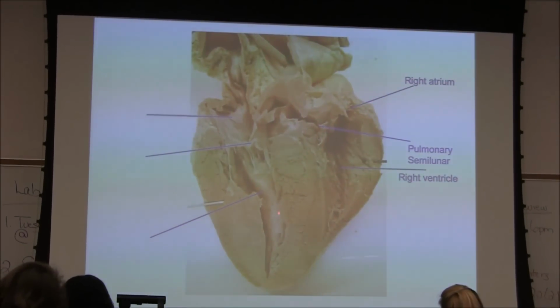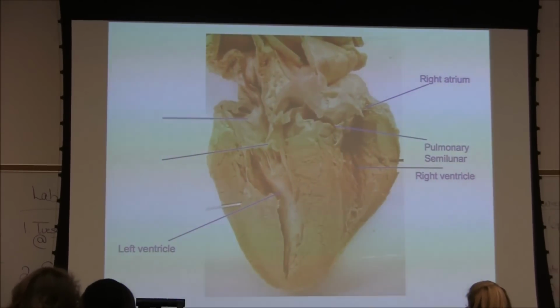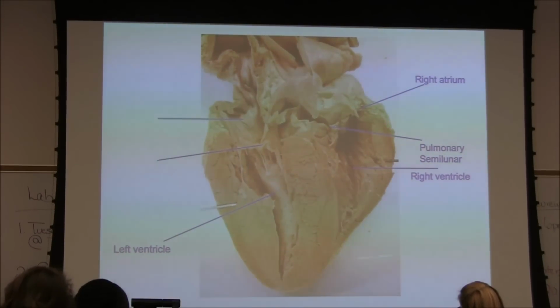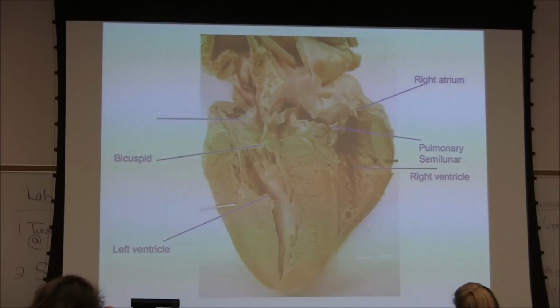What is this down here? Your left ventricle. This, your bicuspid. What is this? Left atrium.